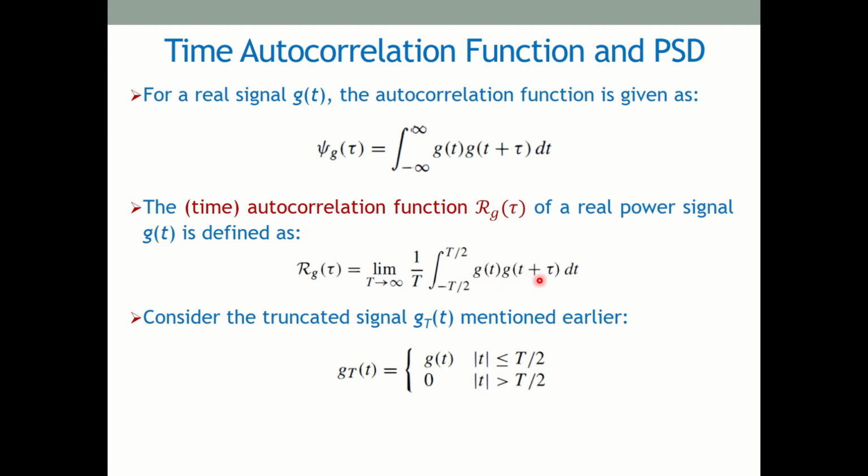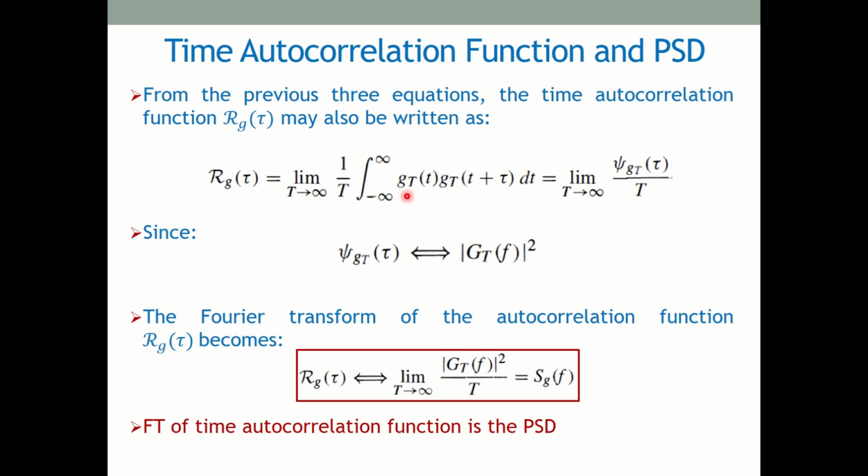So we can replace these expressions, and this is what we get when we replace those equations. From this part only, when we remove the time part, which is this one, when we remove the time average, we are left with the normal autocorrelation function, which has been shown here.